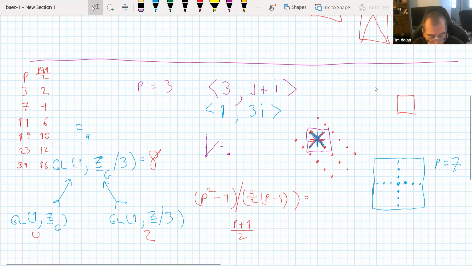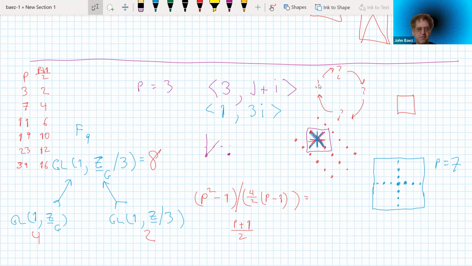So for this example of p equals 7, I would like to draw the actual 4 Gaussian designs, see what do they look like, et cetera, and understand all sorts of things that are going on here.